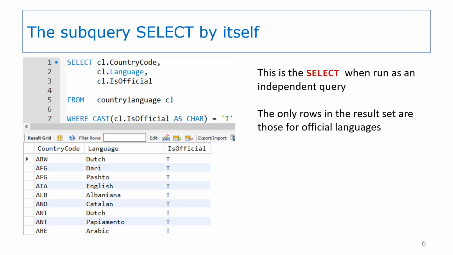This is the subquery extracted out of the complete query. When you look at this select by itself and run it, it is easy to understand how it works. It's just going to the country language table and selecting all of the rows where the isOfficial column is T, or true. Note that we are returning 3 columns in the select list: the country code, the language, and the isOfficial column.